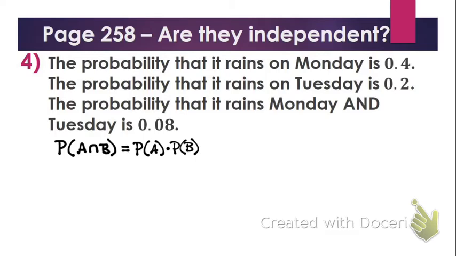Monday and Tuesday, rain on both days. So the probability that it rains on Monday and on Tuesday is what? 0.08, or 8%. What's the probability that it rains on Monday? 40%, or 0.40.